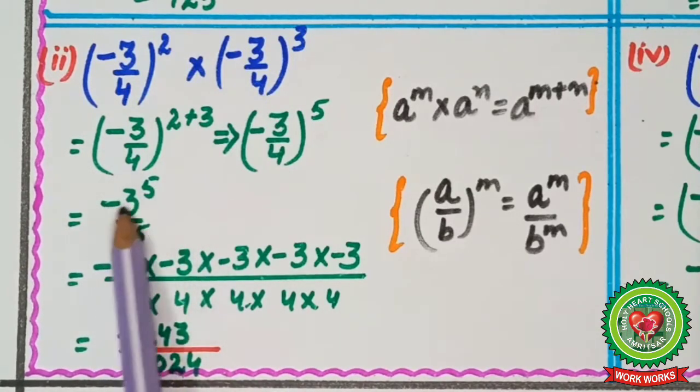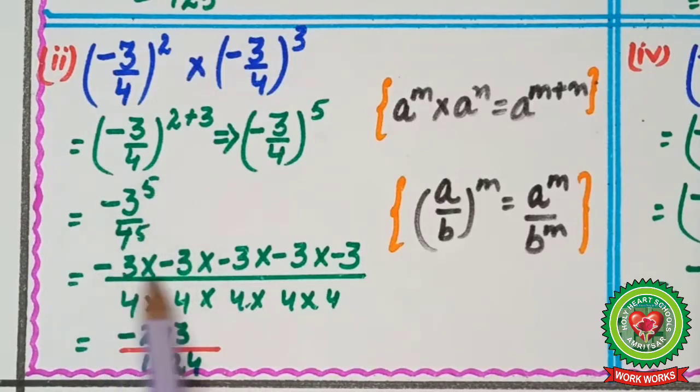Minus 3 raised to power 5 means it is multiplied 5 times, and 4 raised to power 5 is also multiplied 5 times. After multiplying, you get the answer minus 243 upon 1024. Why minus? Because the power is odd. Whenever the power is odd, the answer will always have a negative sign. So here is the answer.